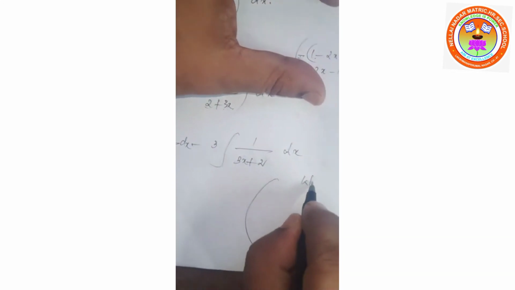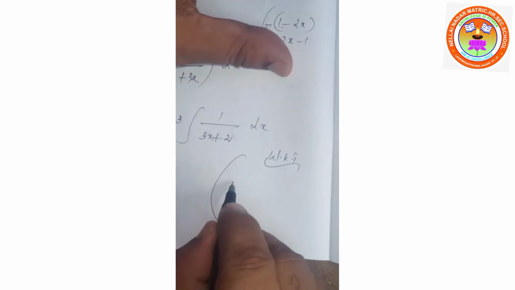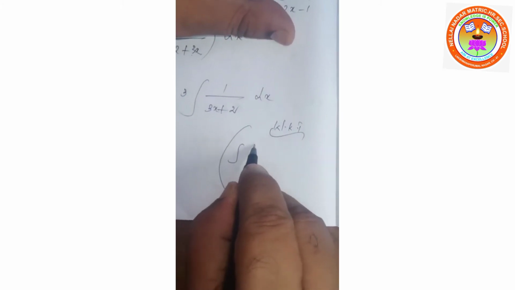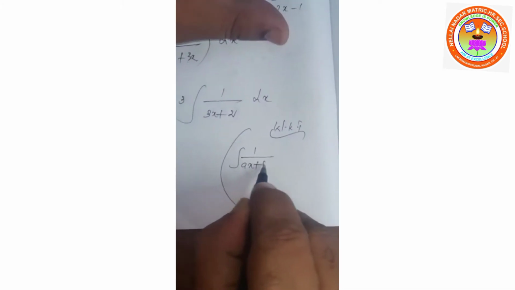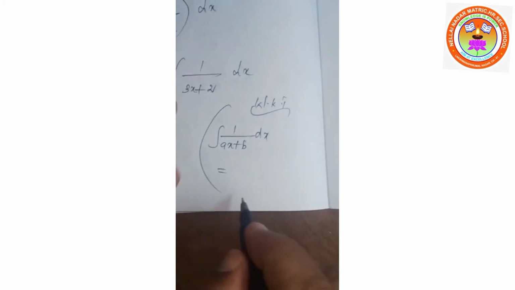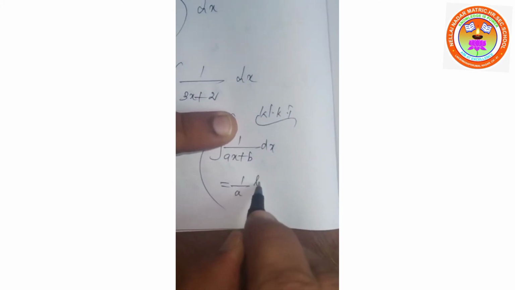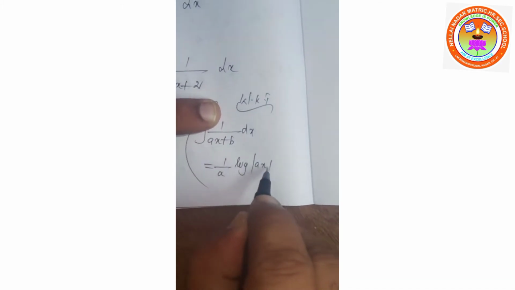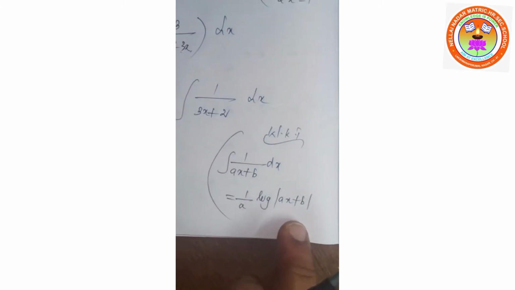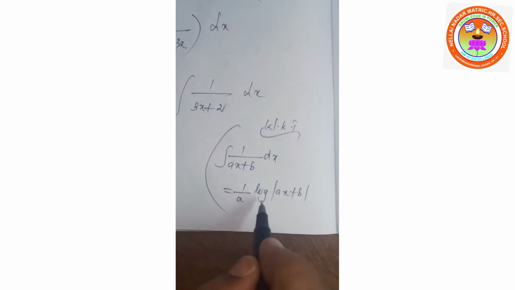We know that integration of 1 divided by (ax plus b) dx is equal to 1 by a into log of modulus of (ax plus b). A is the coefficient of x.